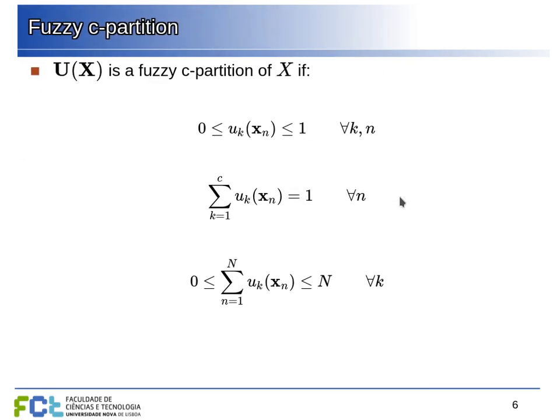So we can create a partition, divide the set of data that we have in a partition of C fuzzy clusters if we meet these criteria. So obviously the membership of each example, each element to each cluster K must be between 0 and 1. This is the condition for being a fuzzy set.